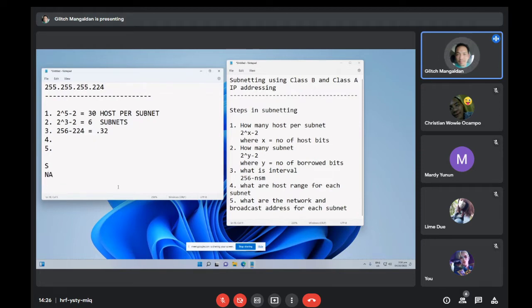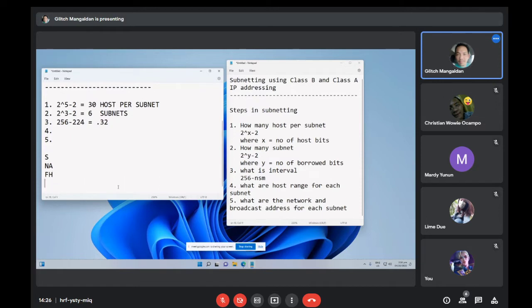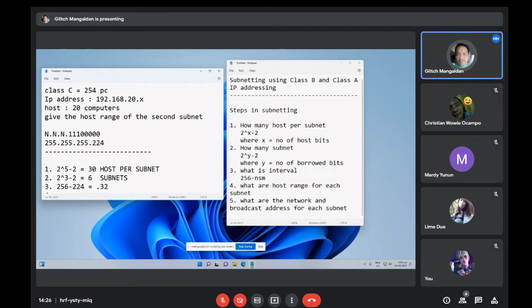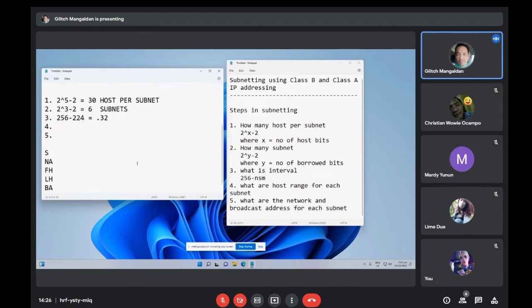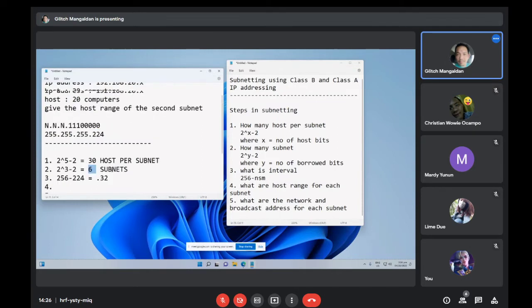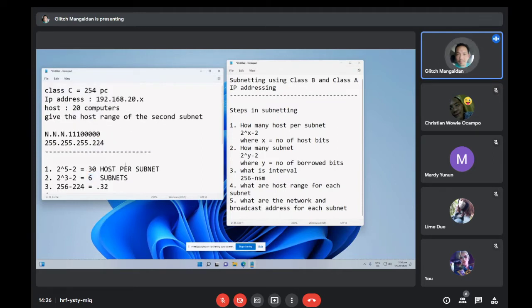Then we have the FH, first host, LH, the last host, and the broadcast address. Okay? So ngayon, dito na tayo, yung first host natin. Take note, ang pinapakuha lang is give the host range of the second subnet. So you don't have to compute all. Kasi kung lahat, 6 na subnets yan. So hindi naman 6 na subnets ang kailangan. Kukunin lang yung host range ng second subnet.